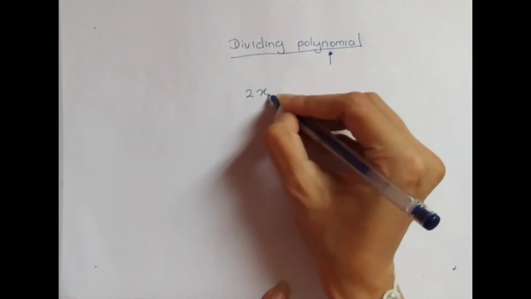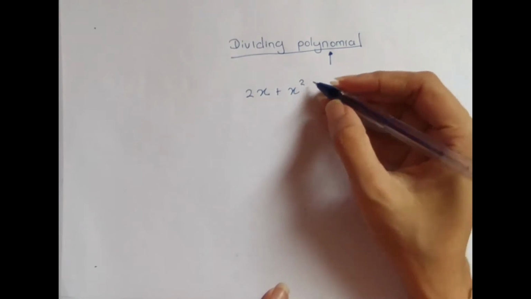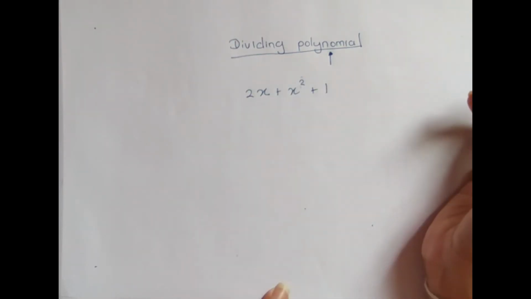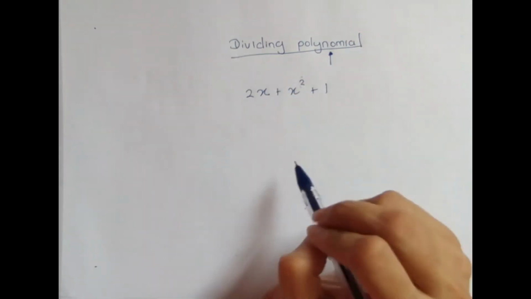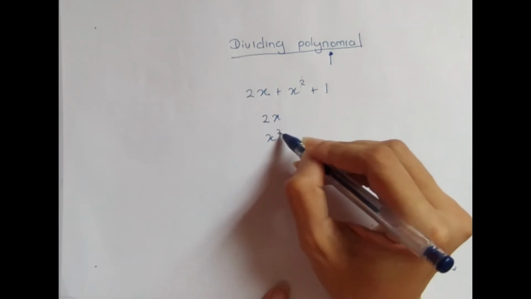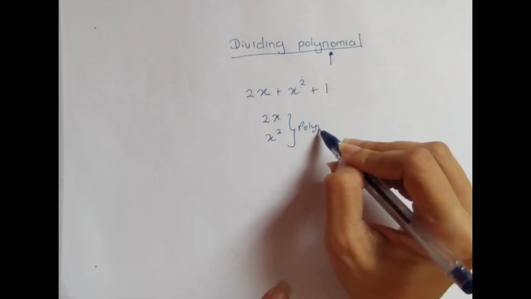Any expression with positive whole number indices is a polynomial. Even if it is 2x or x squared, we say they are polynomials.